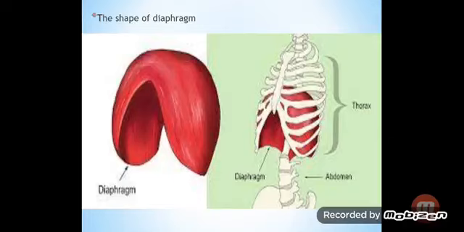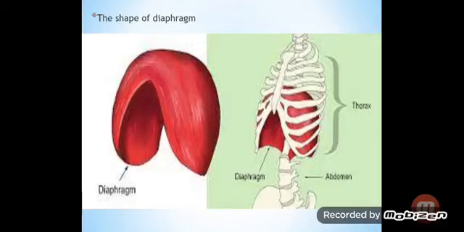There is something important: the levels of the diaphragm vary according to the phase of respiration, according to the posture, sitting, standing, lying flat, and even the degree of distension of the abdominal viscera. All of these play a role in changing the level of the diaphragm.